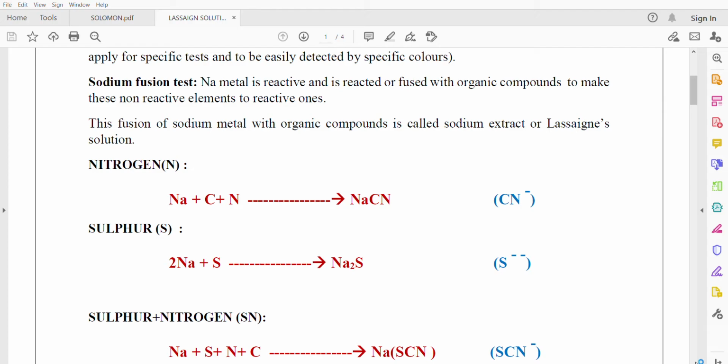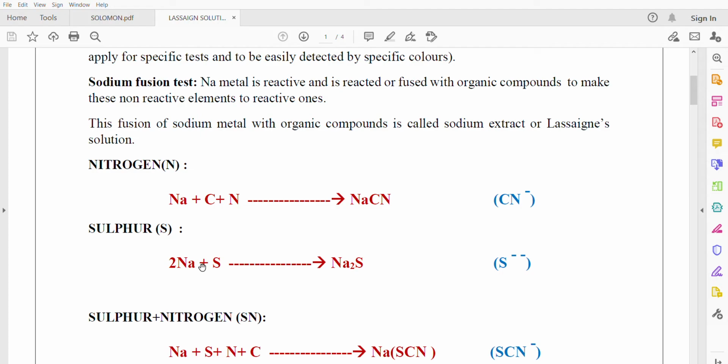So, if the organic compound contains nitrogen, when sodium metal is reacted with the organic compound, it is transformed into sodium cyanide. And what happens with sulfur?